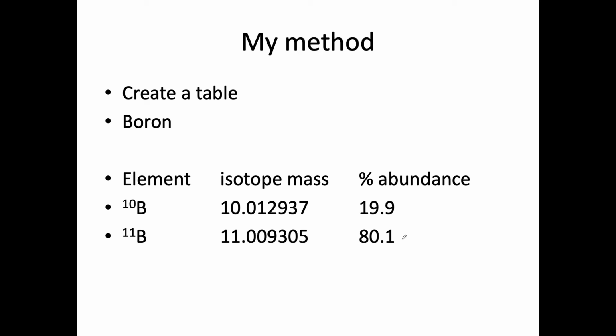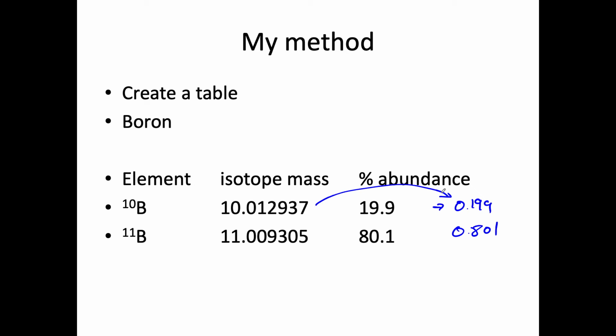And a percent abundance of 80.1. First thing you do is convert the percent abundance to relative: 0.199 and 0.801, because you want the decimal. Then we're going to take each isotope and multiply the isotope mass by the relative abundance.